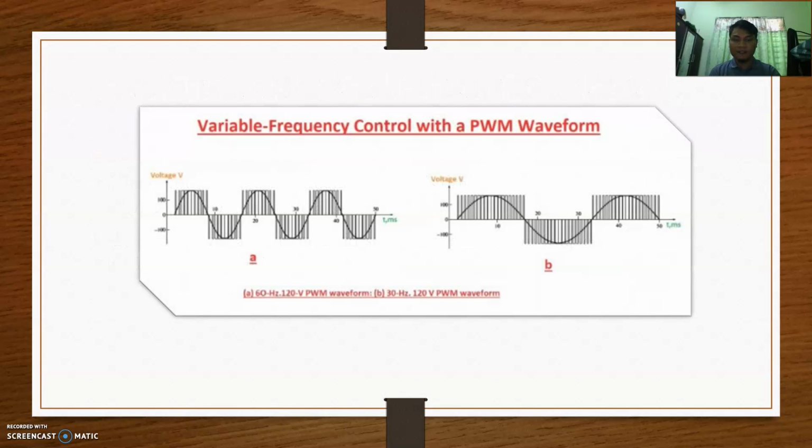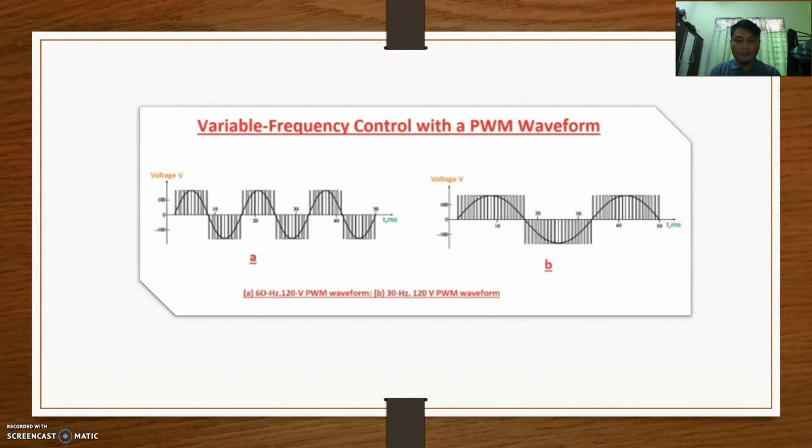In the given figure, you can see that the pulse width modulation is controlling the output frequency by keeping the root mean square, that is RMS, voltage at a constant level. In this given figure, we can see that the pulse width modulation is varying the root mean square voltage by keeping the output frequency at a constant level.